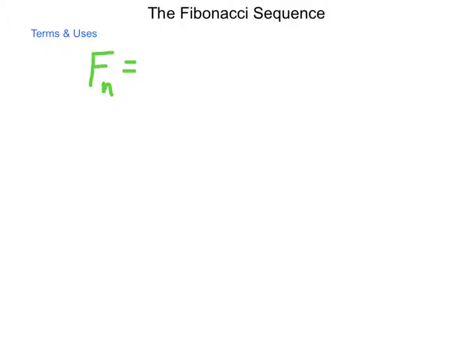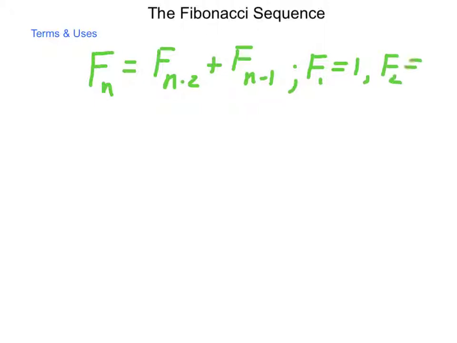The Fibonacci sequence is denoted f sub n, and the way we build it is we have f sub n equals f sub n minus 2 plus f sub n minus 1. And for this, f sub 1 equals 1, and f sub 2 also equals 1.